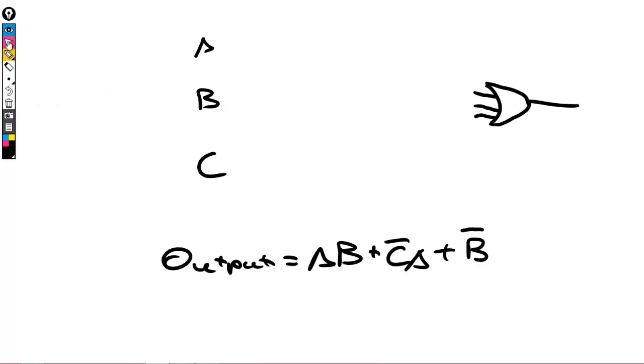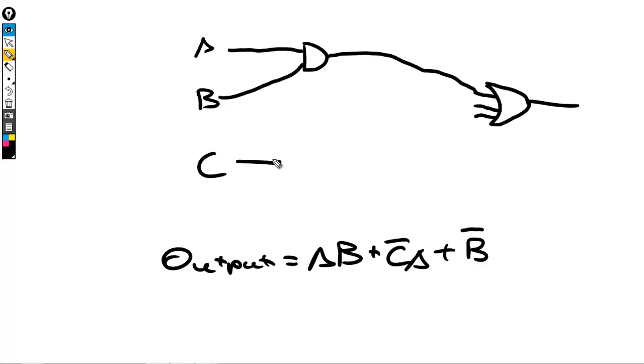Let's look at the first case, when A and B are true. That means we're going to have an AND gate, because they're multiplied, and that's just going to connect to here. Okay, C bar A. To invert this, feed this into an AND gate, connect this to the OR gate, and we're going to have to connect the A to here.